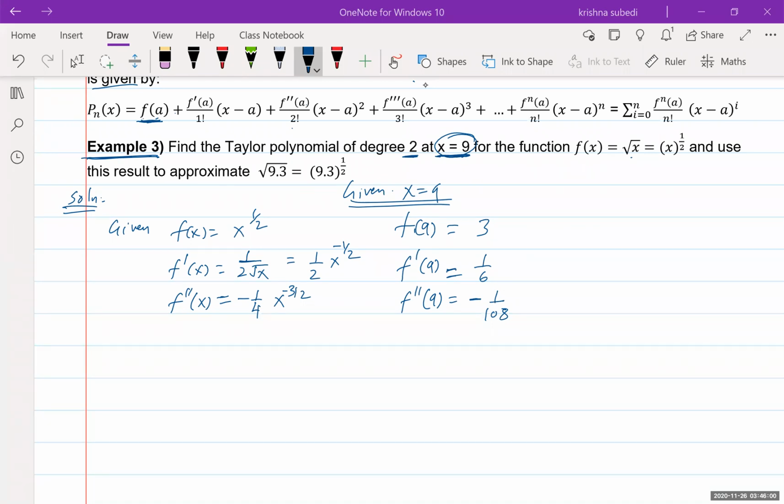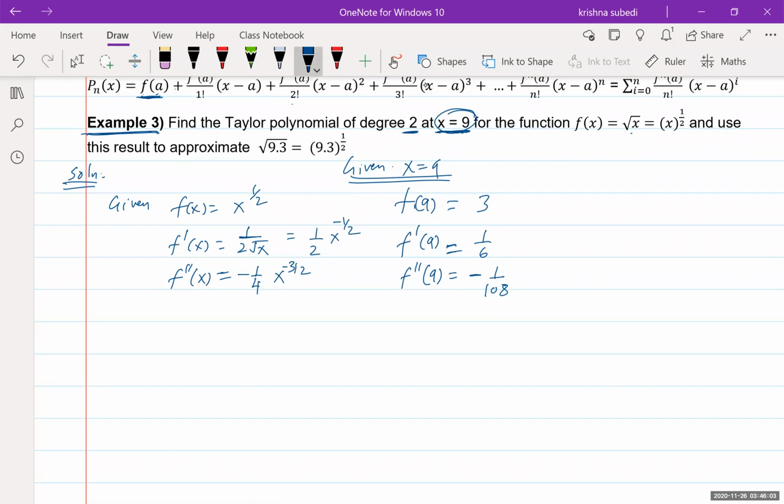That's what we got. Now, let us write down the Taylor polynomial of degree 2. So Taylor polynomial of degree 2 at a, or x equals 9, whatever you call it, or you can say a equals 9, is given by, so remember the formula.